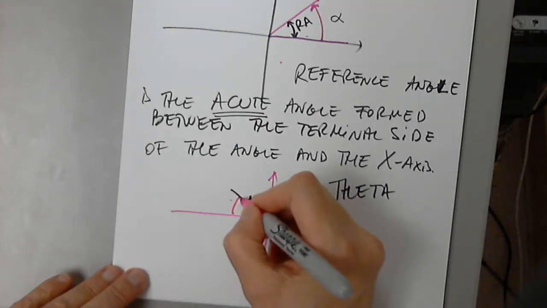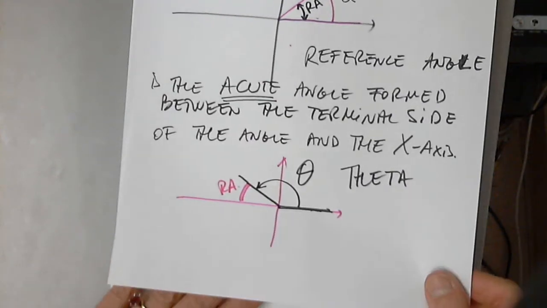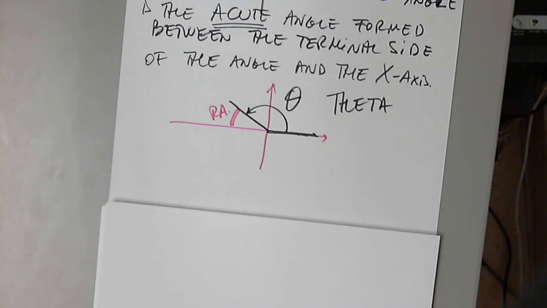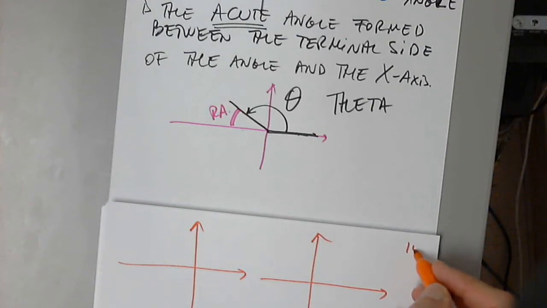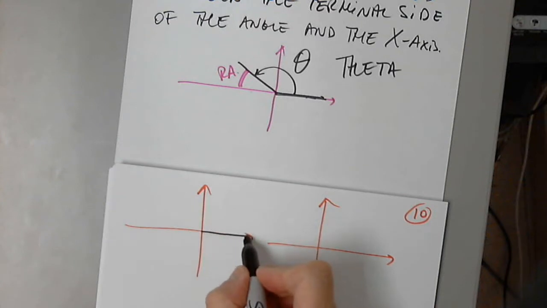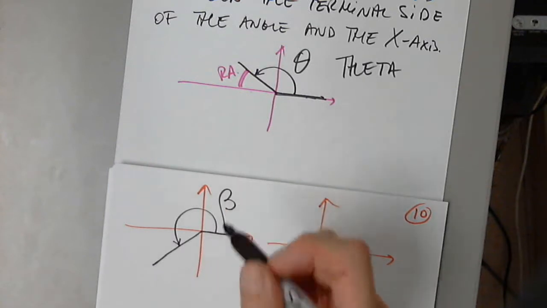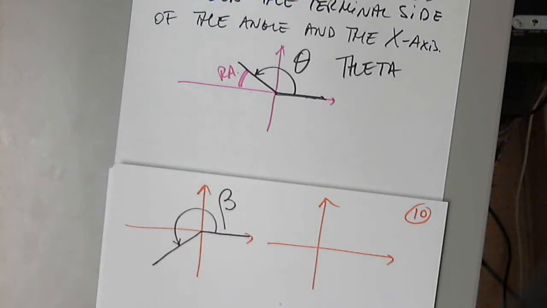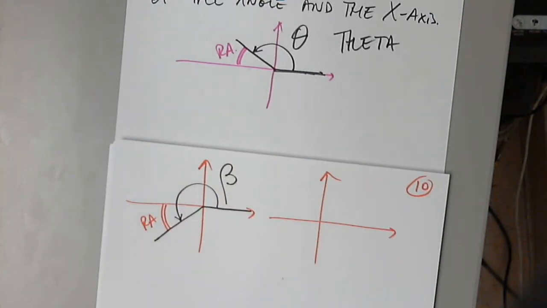This is the reference angle for angle theta. Let's look at the other two possibilities, when the angle has a terminal side in the third or the fourth quadrant. So let's say this is angle beta, and the reference angle is this, the acute angle formed between the terminal side and the x-axis.